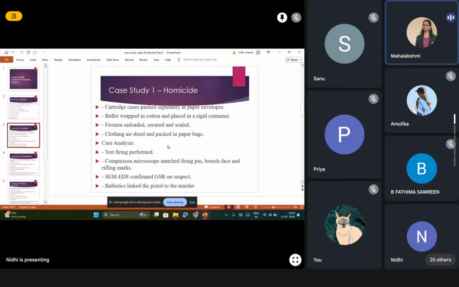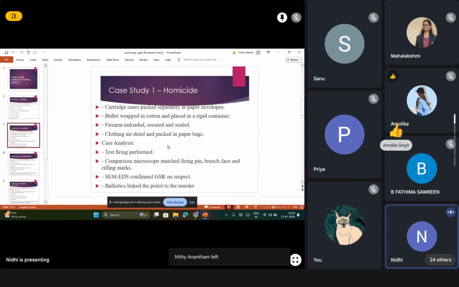To prevent inappropriate firing, ma'am, and to prevent movement of the chamber and magazine. So we are unloading the firearm so that it doesn't misfire. What if the firearm falls and it misfires, right? For our safety, we are unloading the firearm.